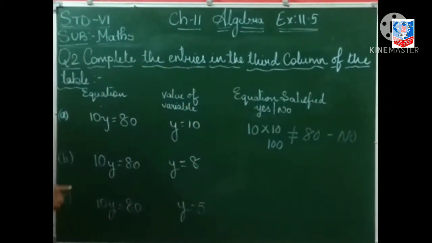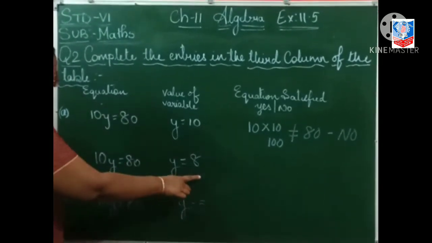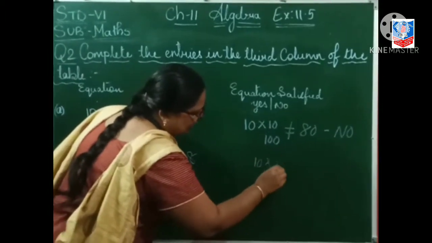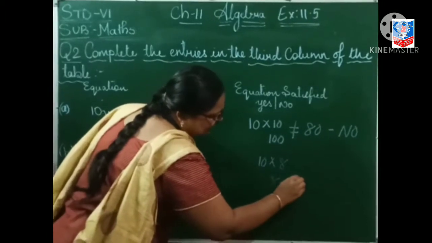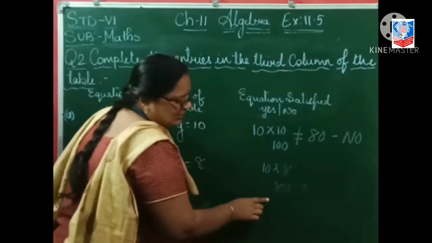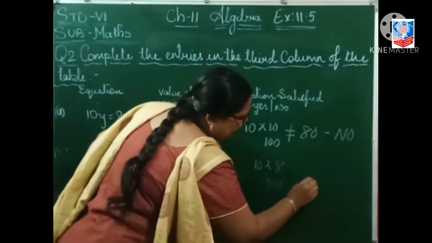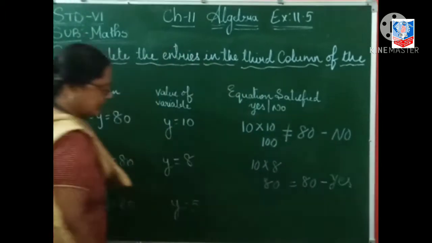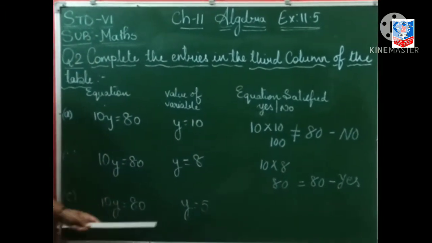Next, 10y is equal to 80. Value of y is given 8. So 10 into 8 is 80, left hand side is 80, right hand side is 80. So our equation is satisfied. Yes. See, value of y is 5 given here.